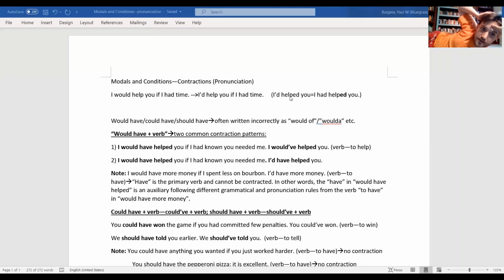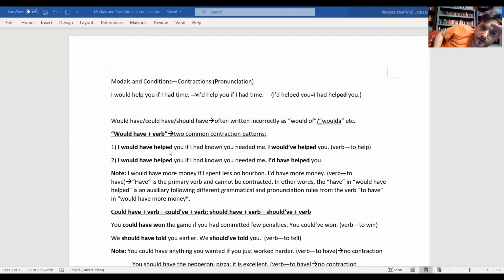On number one, you'll notice it says, I would have helped you if I'd known you needed me. I read that the way a computer or a robot would read, just because I wanted to give you a clear, easy to understand pronunciation of the sentence.